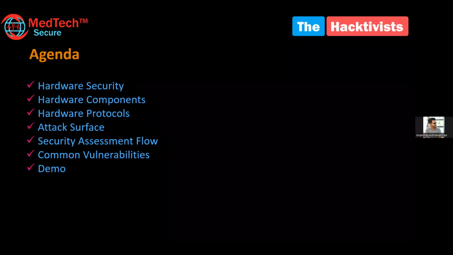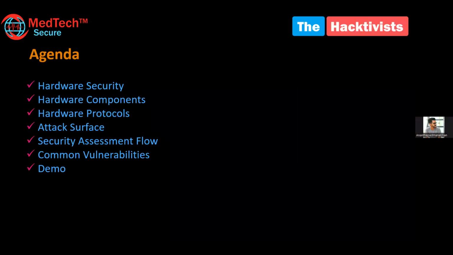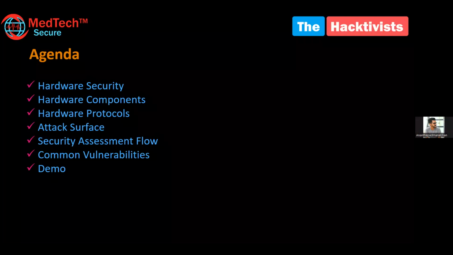And we'll look at the security assessment flow, from a penetration tester's point of view: what our approach will be to find issues or vulnerabilities in a hardware device. At the end, we'll look at some of the most common vulnerabilities we come across in our penetration testing.